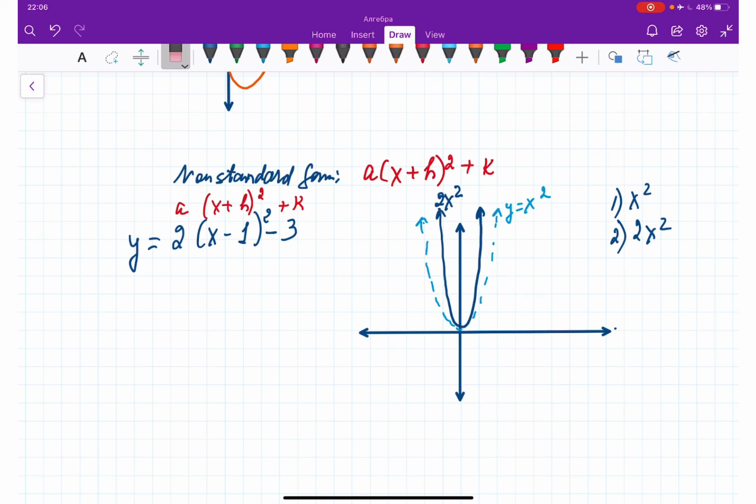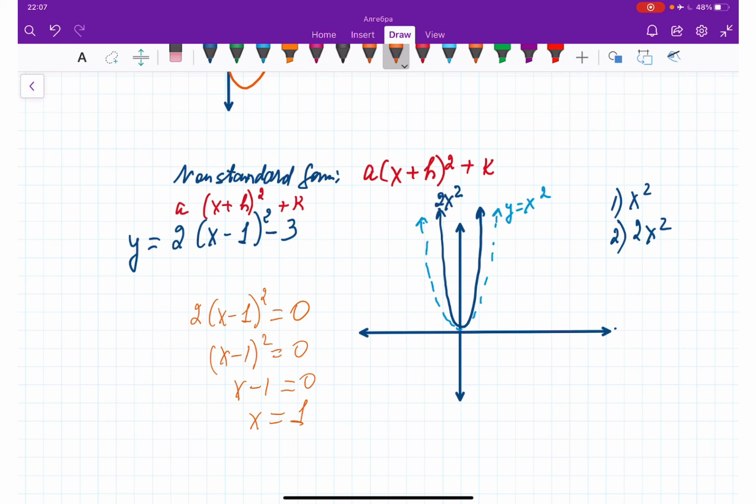X minus 1, that's a change of x. As we know, whatever sign the shifting of x has, we are using the opposite one. Why is that? Because if I have twice x minus 1 squared equals 0, then from here x minus 1 squared equals 0, x minus 1 is equal to 0 and x is equal to 1.